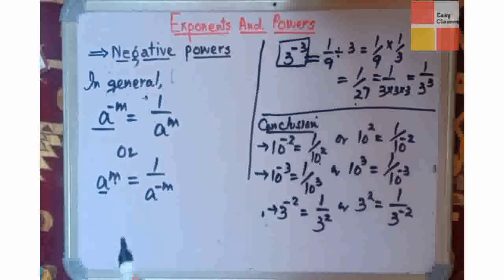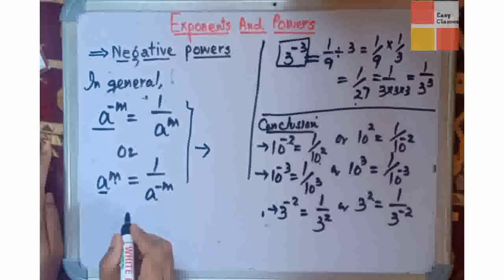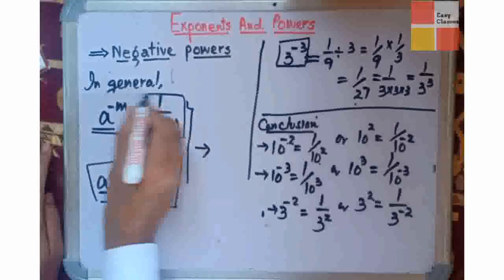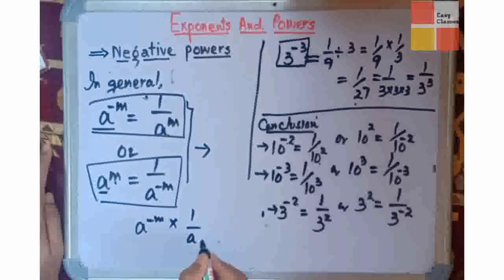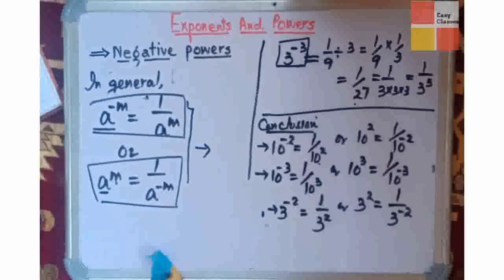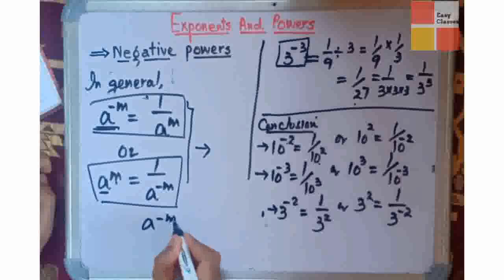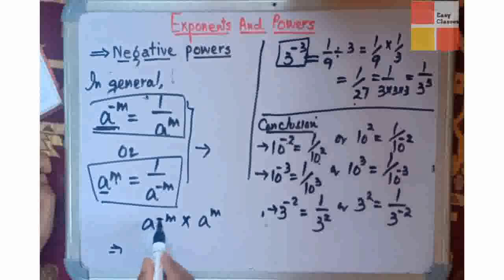So what can we conclude from this? Say for example we multiply these two. What will we get? Let's multiply a raised to power minus m into a raised to power m.